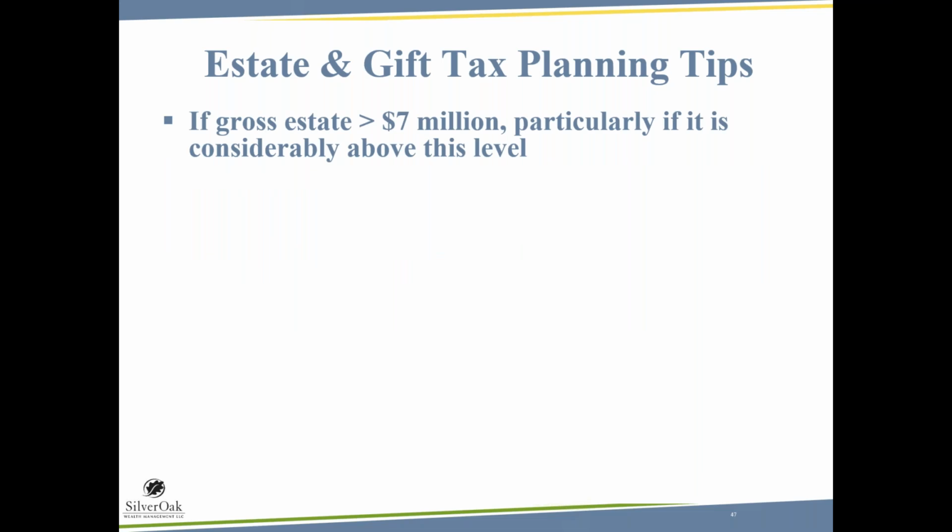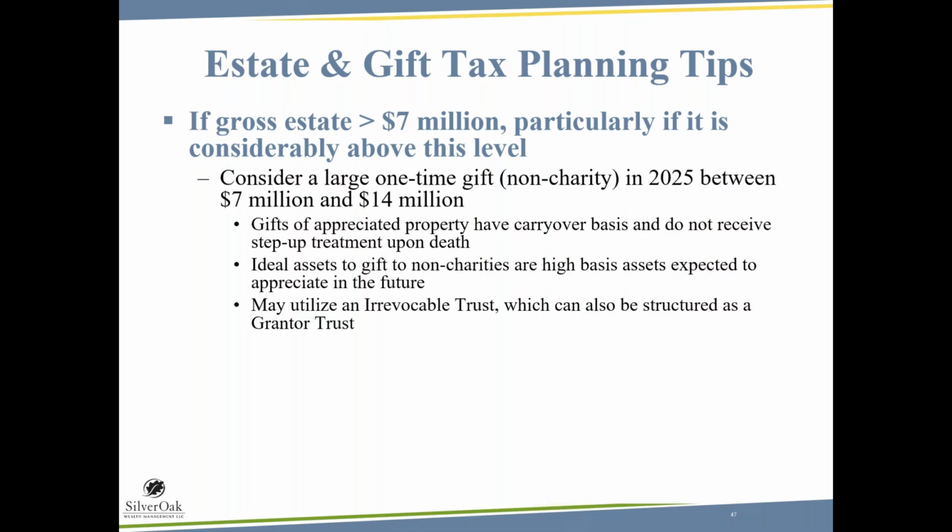And then let's talk about estates that are particularly large. Let's say in excess of 7 million, maybe, you know, in excess of 14, 20, 30 million. We have a unique period here where those estates may want to consider really large one-time gifts in 2025, maybe 24, but 2025. And that gift would be somewhere between 7 and 14 million. Why? Well, I said the 14 million exemption is going to be going down to 7.